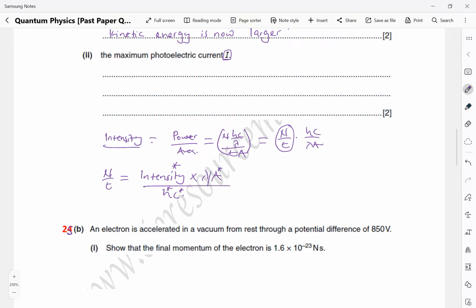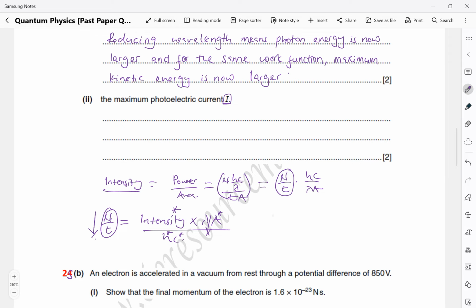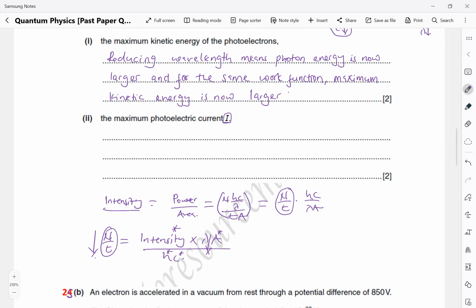That means reducing the wavelength is equivalent to reducing the number of photons incident on the surface per unit time. Of course, now that the photons have greater energy, only a small fraction of photons can be incident on the surface area per unit time. And if fewer photons are incident on the surface per unit time, then the number of electrons ejected will also be smaller. Remember, it is a one-to-one interaction. One photon ejects only one electron. Therefore, the photocurrent I decreases.